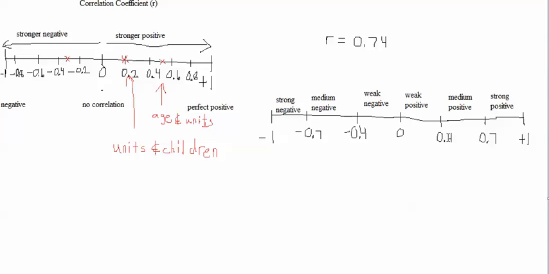So notice how these numbers over here match up with these numbers over here. At the positive end of the number line, between 0.4 and 0.7 is a medium positive, and at the negative end of the number line, between negative 0.4 and negative 0.7 is a medium negative.